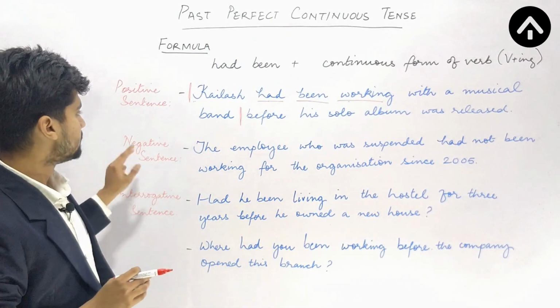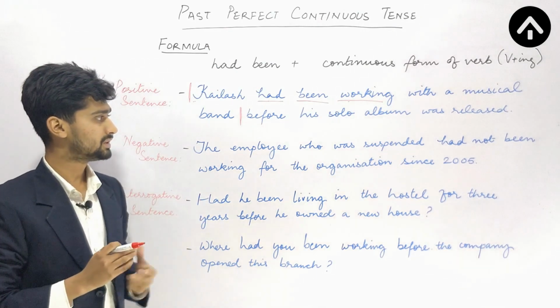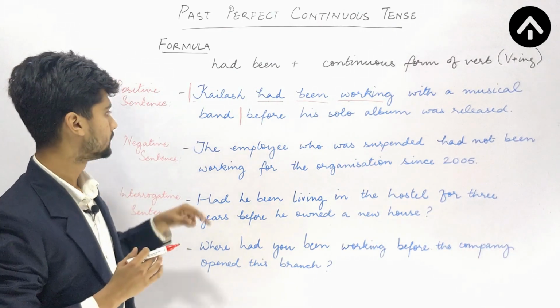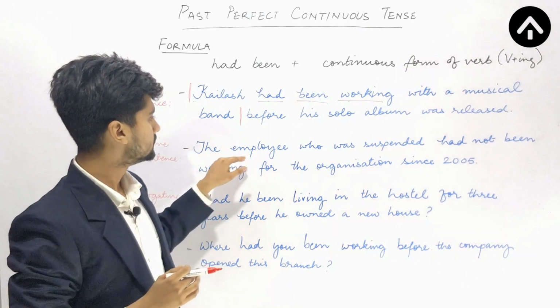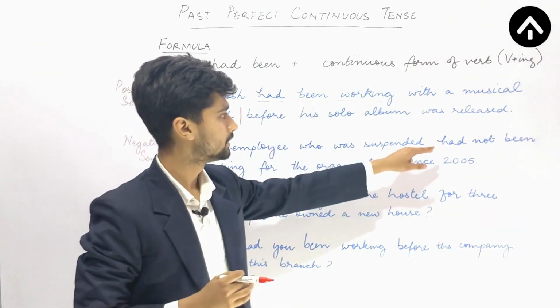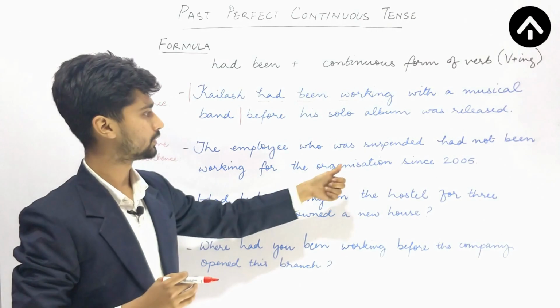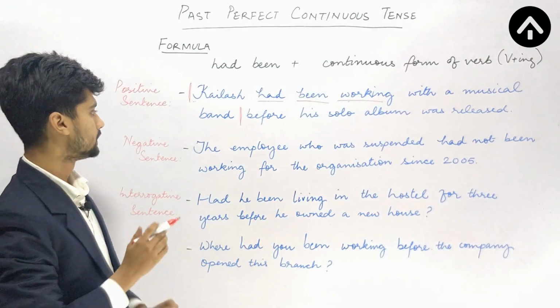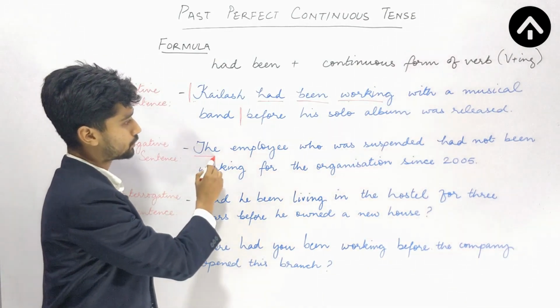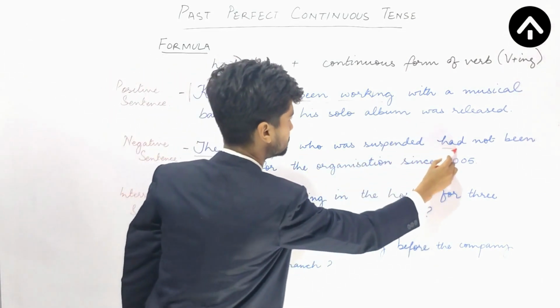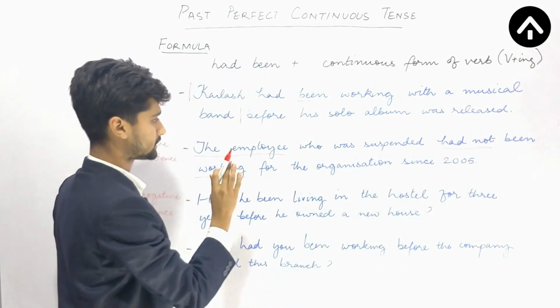Okay. If we have a negative sentence, what will the structure of the sentence be like? The employee who was suspended had not been working for the organization since 2005. So the first clause is the employee had not been working for the organization since 2005. So this is the actual clause.